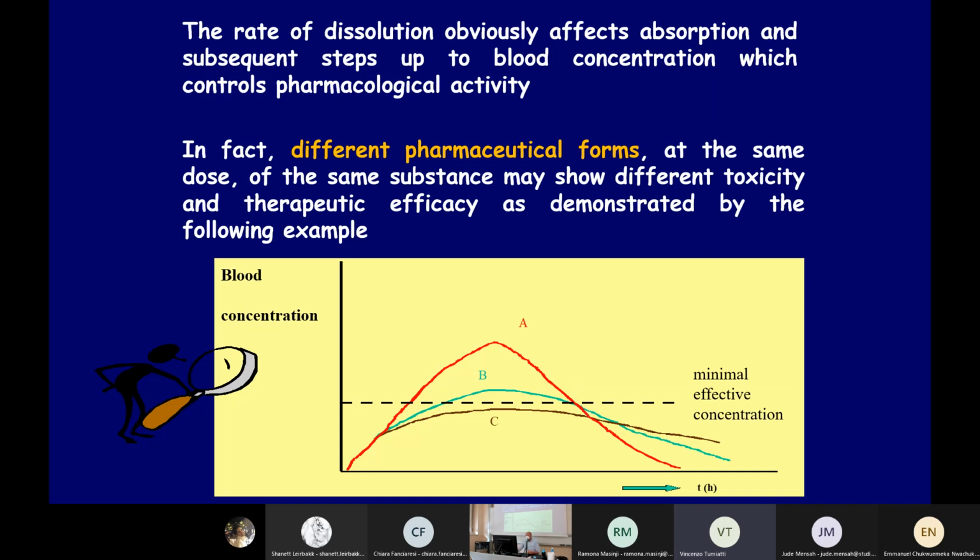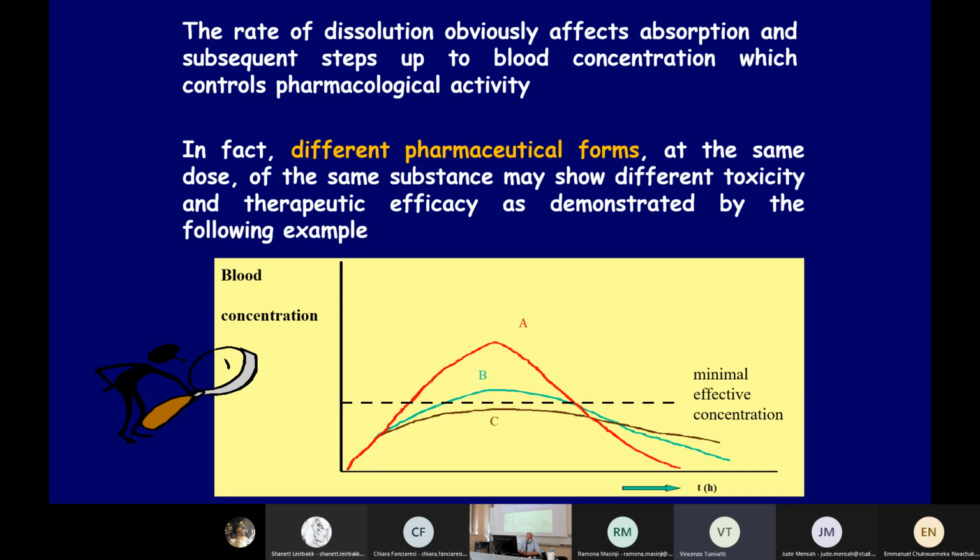Here in the picture you have three examples of the same drug with a different crystal structure. You can see the behavior of the first compound, compound A, at the same dosage.